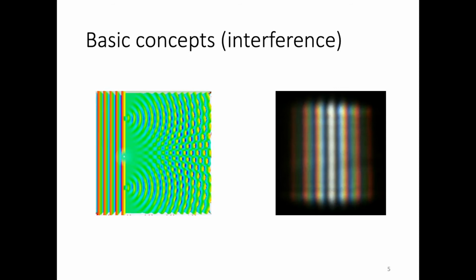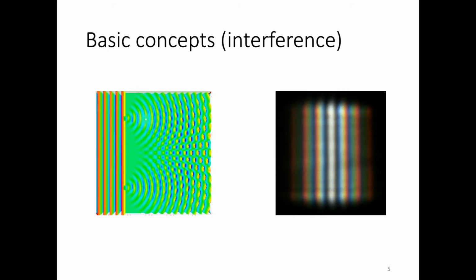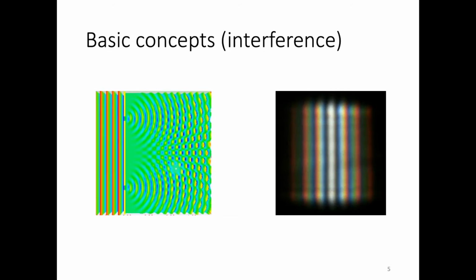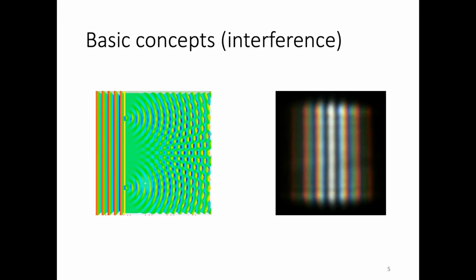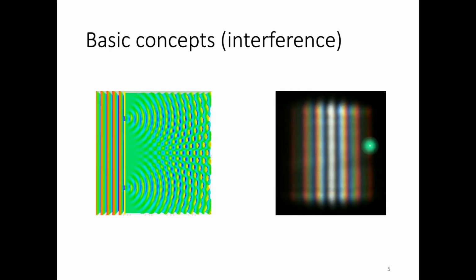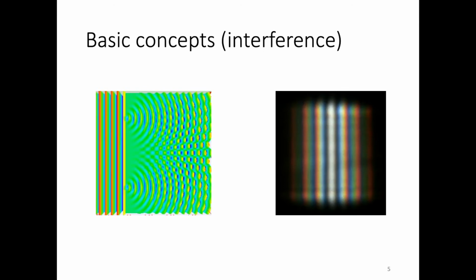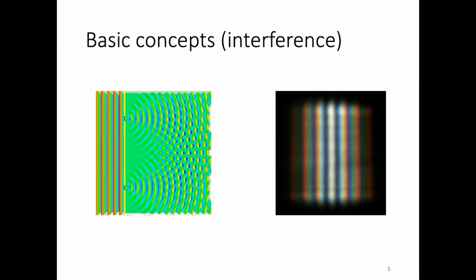If you have two slits, here you have basically a planar wave of light coming, and each slit will now start acting as a point source that emits light. Where these two beams hit each other, you can have constructive and destructive interference of light. If you look at the sun through a double slit on a plate, you will see this kind of banded structure. This will be important later when we talk about, for example, confocal microscopy.